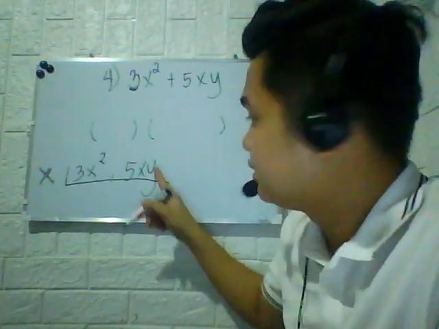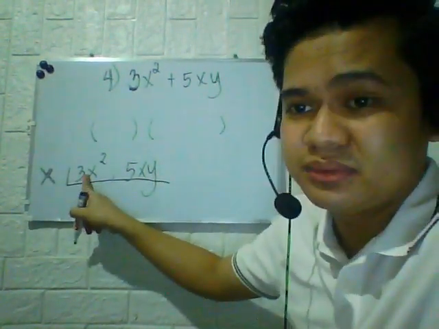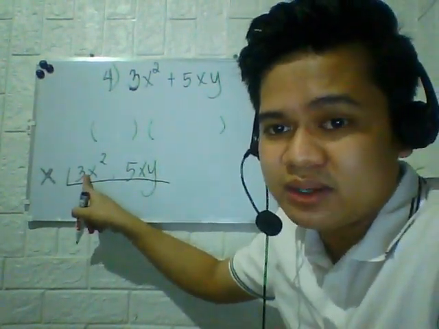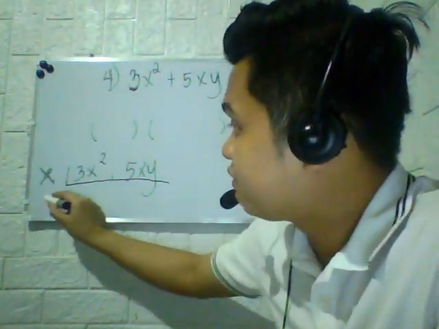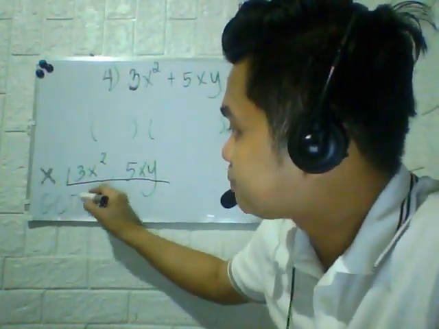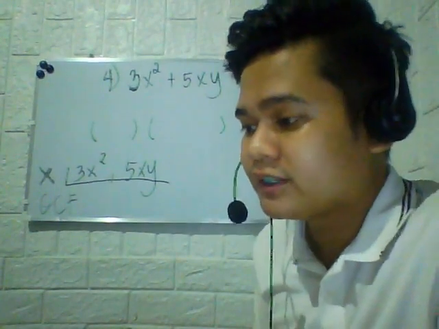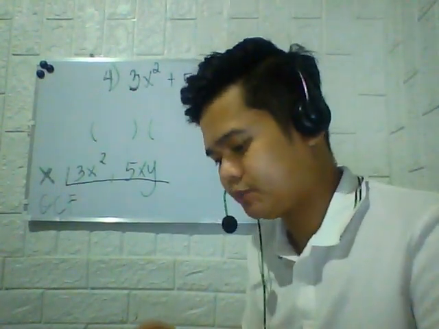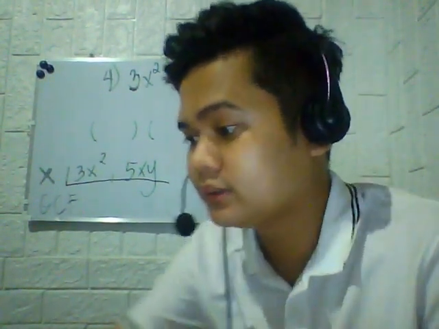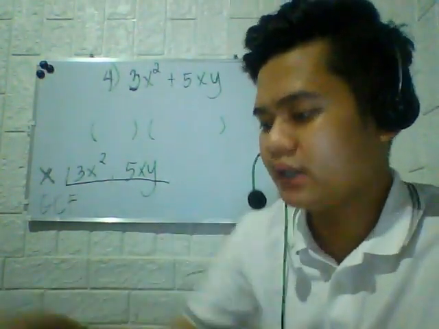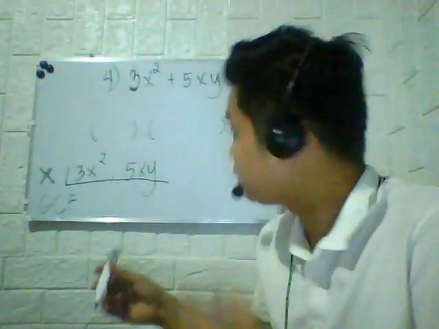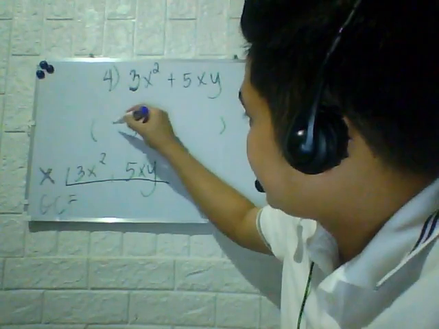Si y. Kung merong y dito, eh wala. Meaning to say, our GCF is only the x. Now let's put it inside the first pair of parentheses here. Sana ng ink yung aking black. Try ko lang itong blue. I have your x.